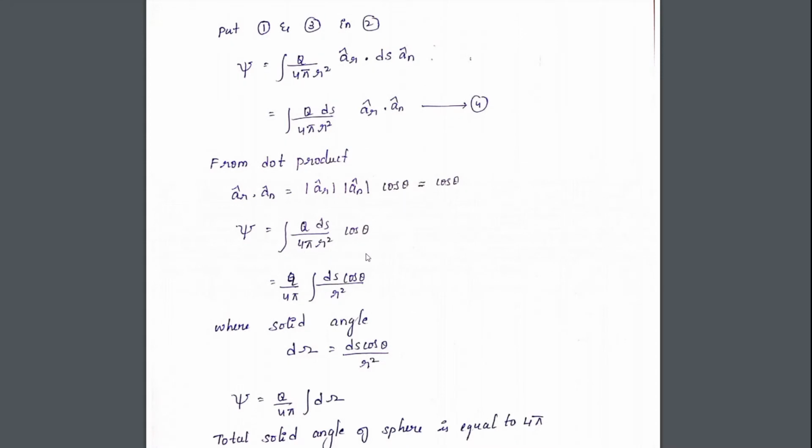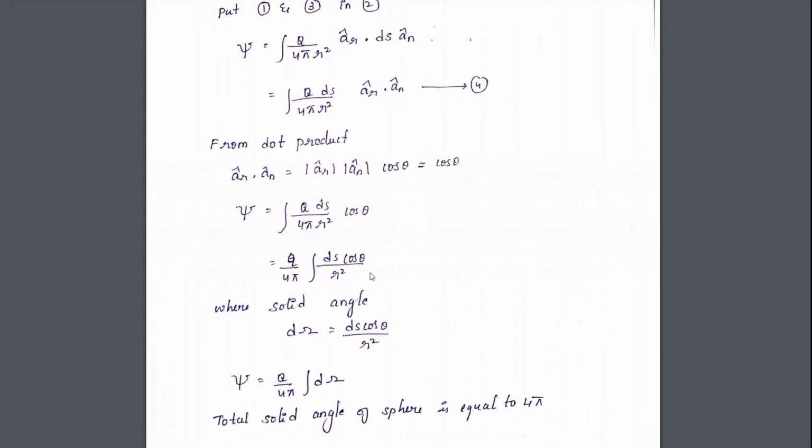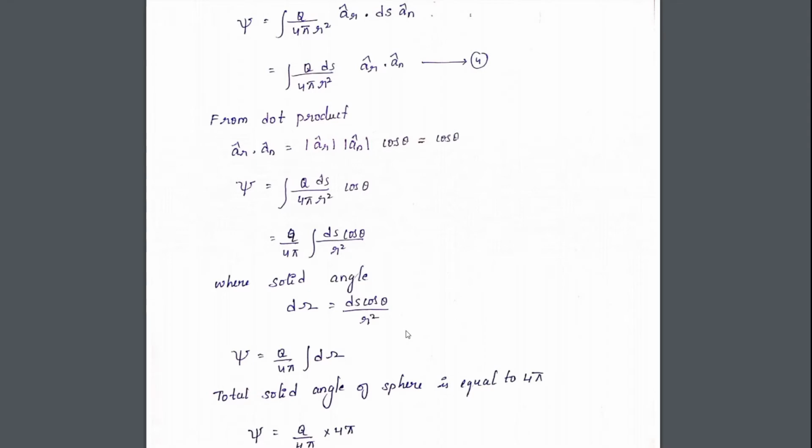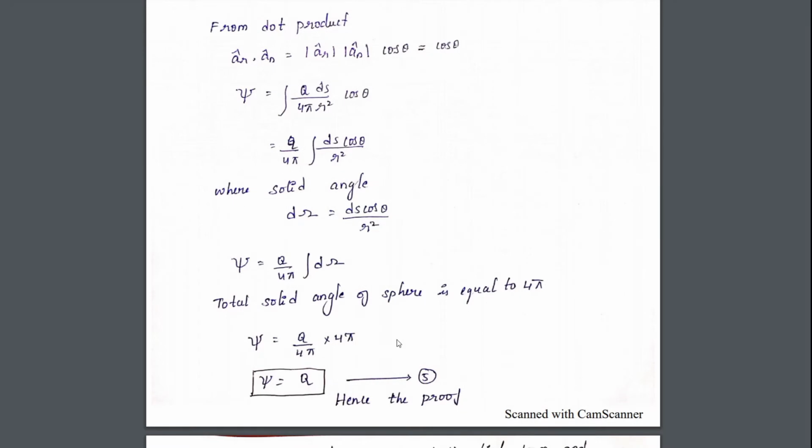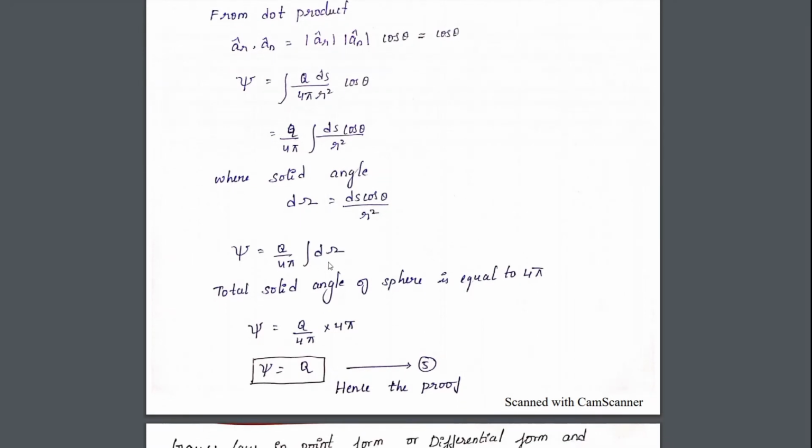What is this term? ds cos theta by r square is called the differential solid angle that is obtained at the point O due to that small area ds. So ds cos theta by r square overall term will be equal to d omega. So we can replace it in the above integral, as ds cos theta by r square is the differential solid angle subtended at the point O due to the small area ds at a distance r.